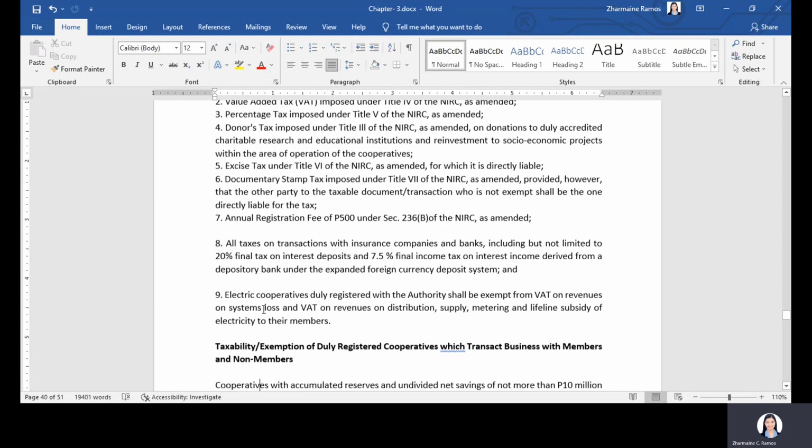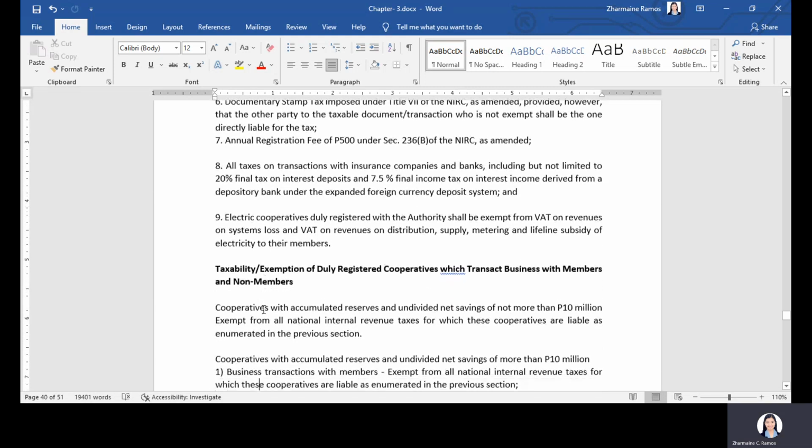Taxability or exemption of duly registered cooperatives which transact business with members and non-members. Cooperatives with accumulated reserves and undivided net savings of not more than 10 million, kasi sabi kanina, nahati siya into 2: not more than 10 million and more than 10 million.